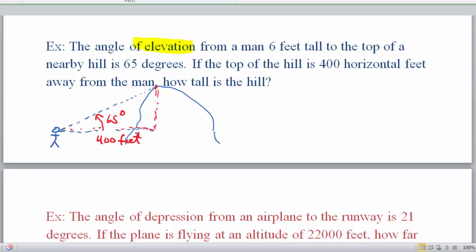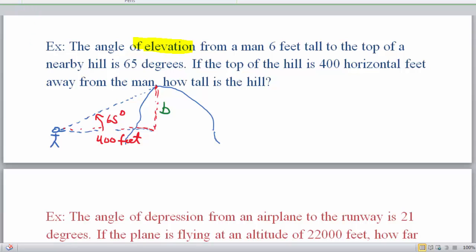And they want the height of the hill. They don't want the distance from the man to the top of the hill, they actually want the height of the hill. So this is your unknown, and I can call this B, because I have A, which is 400 feet, the height of the hill B, and the hypotenuse C. So I'm trying to find B.